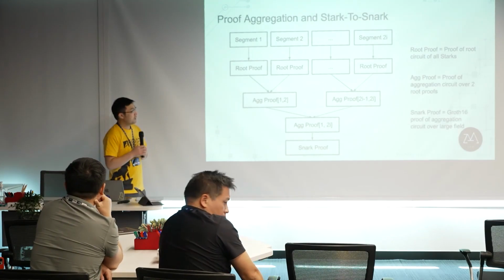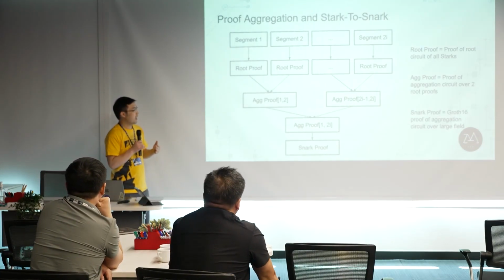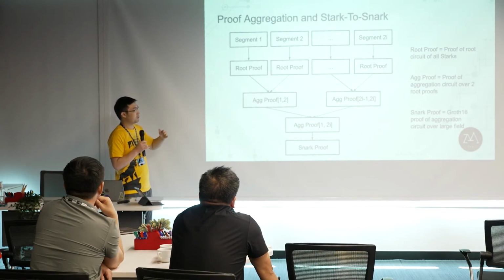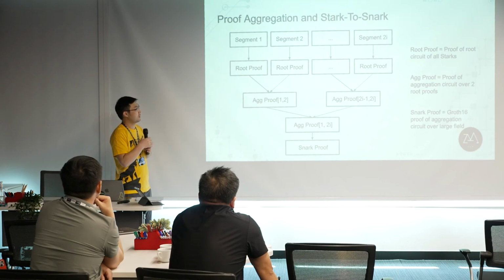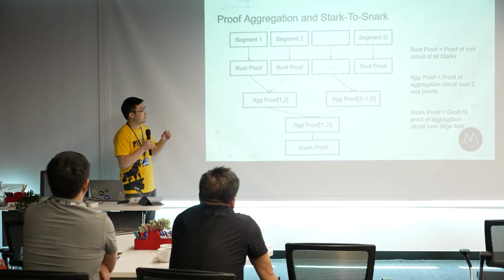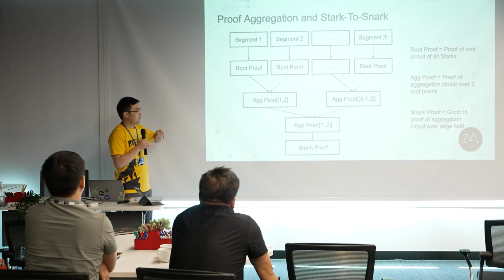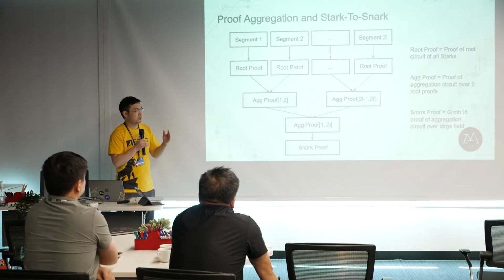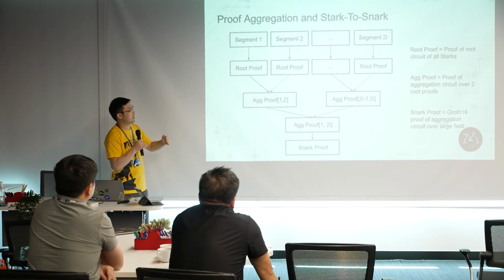And then when we get the segments, we have the provers, we have the proof aggregation skills and the STARK to SNARK skills. We can generate the proof for a real Ethereum block or other virtual machine transactions like this.